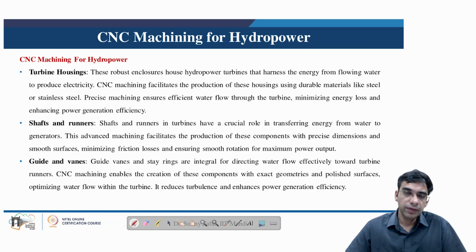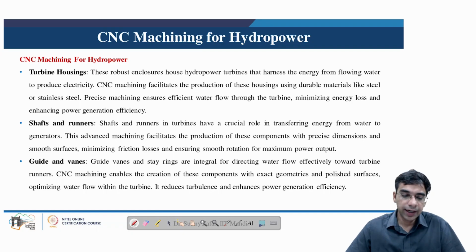In the second part, where CNC is used for shafts and runner machining, shafts and runner form the crucial component in the hydro turbine, where they have the role to transfer the energy from the flowing water to the generators. The advanced machining facilities enable production of these components with precise dimensions and smooth surfaces, thereby minimizing friction losses and ensuring smooth rotation for maximum power output.